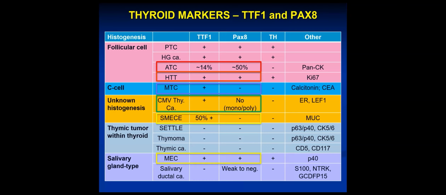For sclerosing mucoepidermoid carcinoma with eosinophilia, as well as salivary-type mucoepidermoid carcinoma, they have variable expression of TTF1, PAX8, and thyroglobulin. Other entities like thymic tumors within the thyroid, as well as other salivary gland-type tumors in the thyroid, are generally negative for TTF1 and PAX8.